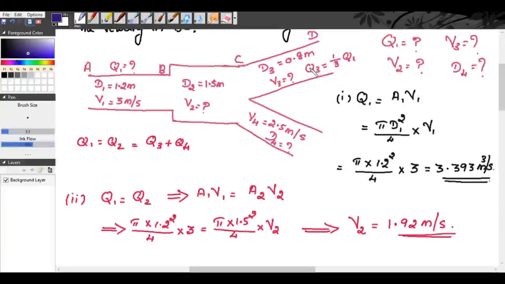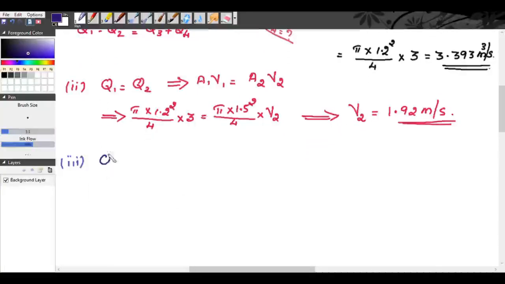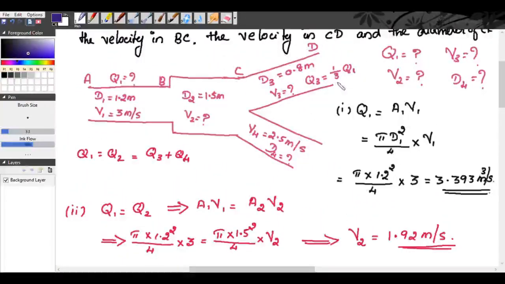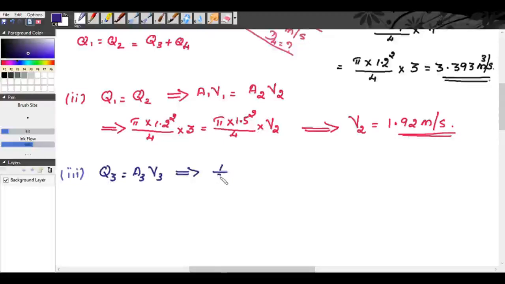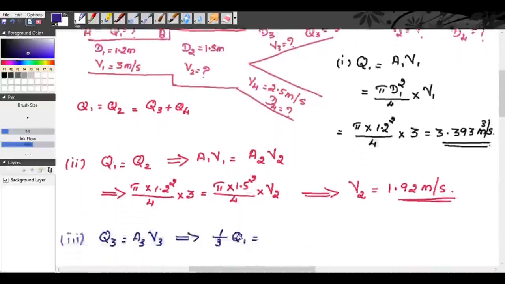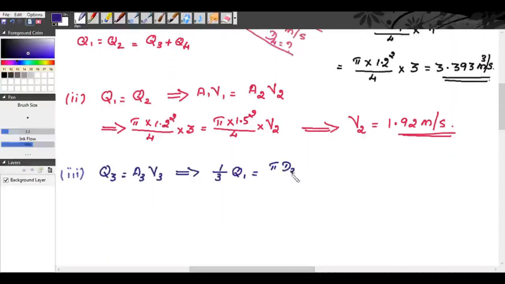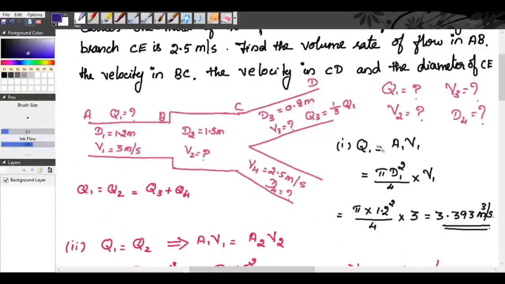See, we know Q3 is equal to A3 into V3. Q is equal to AV. Now, what is Q3? Q3 is given as 1 by 3 of Q1. So 1 by 3 of Q1 is equal to A3, where A3 is pi D3 square by 4, that is area, into V3. We need to find V3.